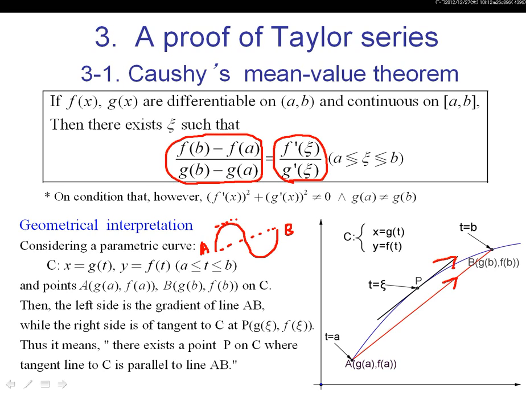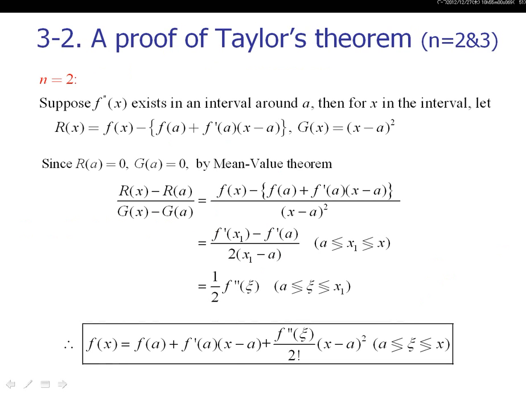One is here, the other is here. So geometrically speaking, it is very trivial, and it is very easy to memorize this. To apply this theorem, what you have to do is to differentiate both numerator and denominator and replace b and a by xi. Xi is between a and b. Now we are ready to prove Taylor theorem.